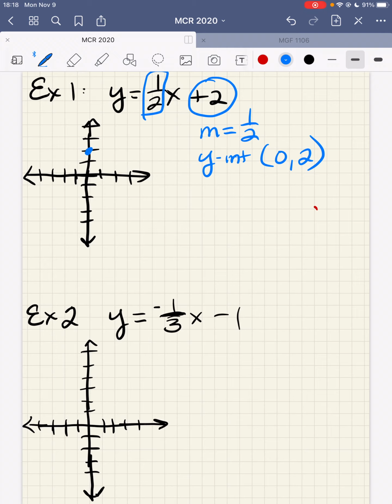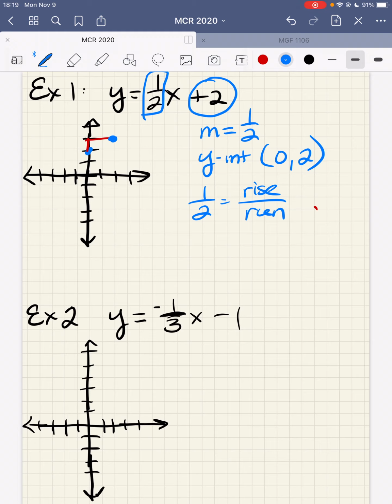And then from there, I want to navigate to my next point by using my slope. So my slope is 1/2. That's the same as rise over run. Okay, so I want to rise up from this point 1 and run 2 to get to my next value.